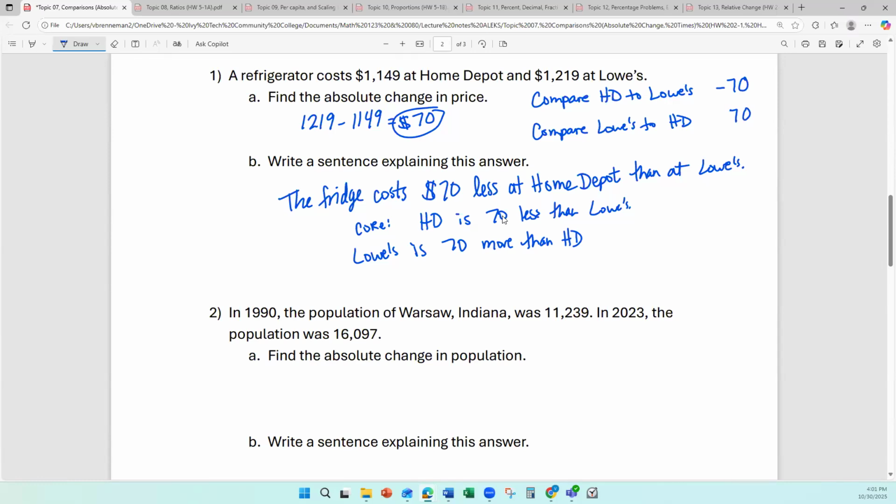And again, you could say something like Lowe's charges $70 more than Home Depot for the same refrigerator.